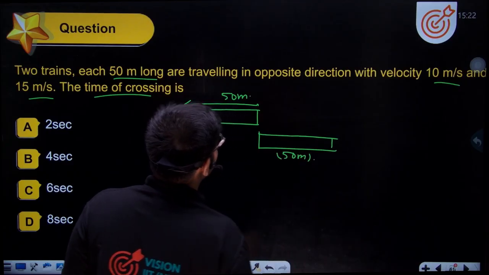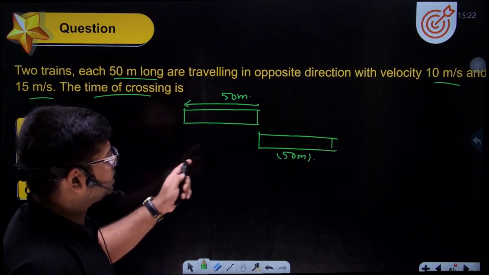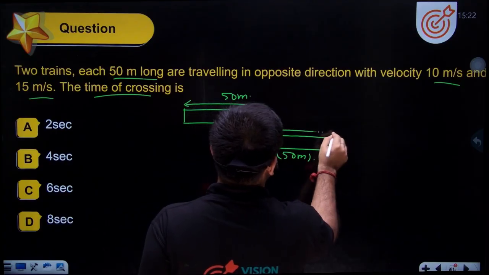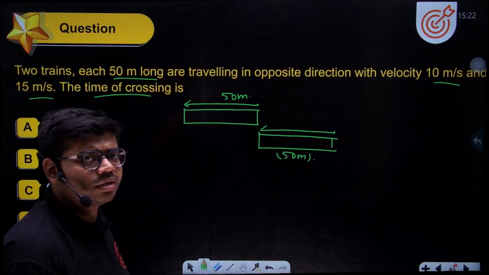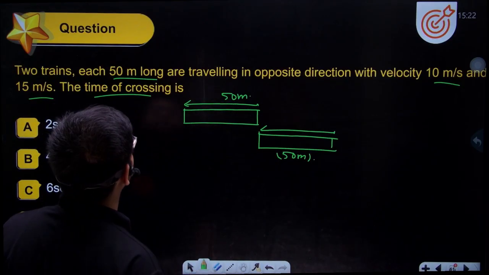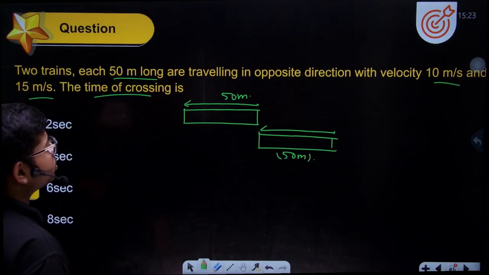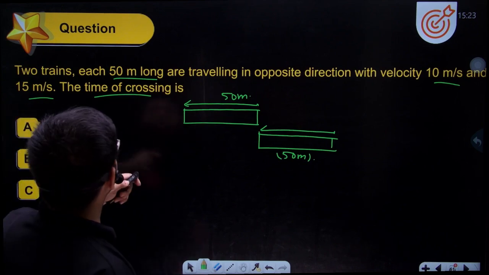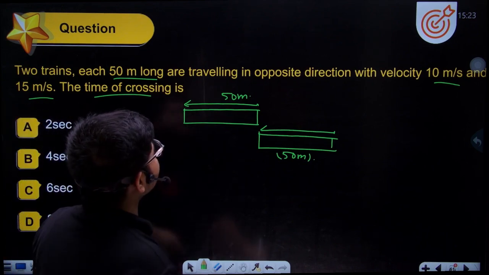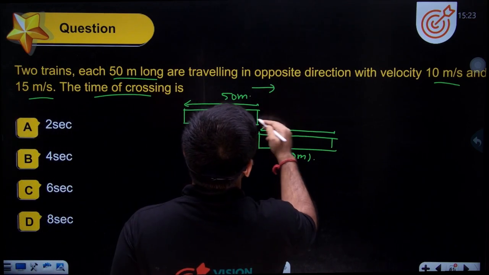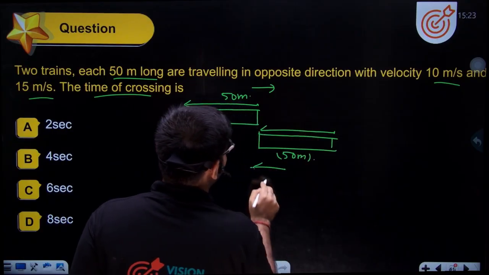Okay. So here what is the total length that has to be covered? 50 plus 50, 100 is going to be my total length that has to be covered. And what is the relative velocity? The velocities are going to be added up, because if one is in this direction, another is in the opposite direction.